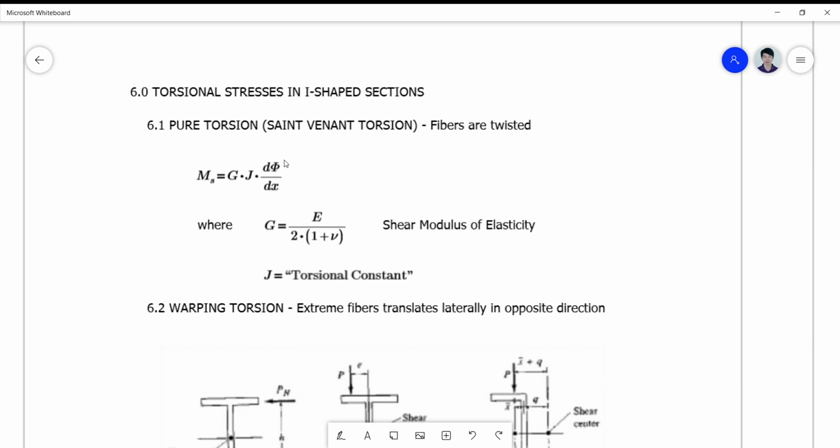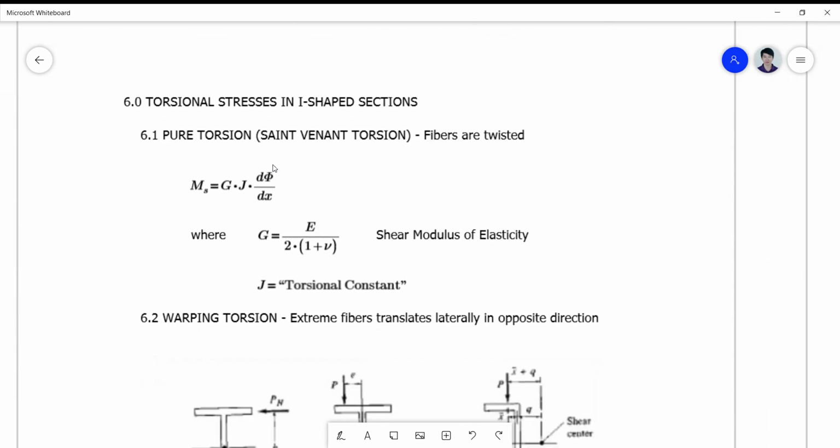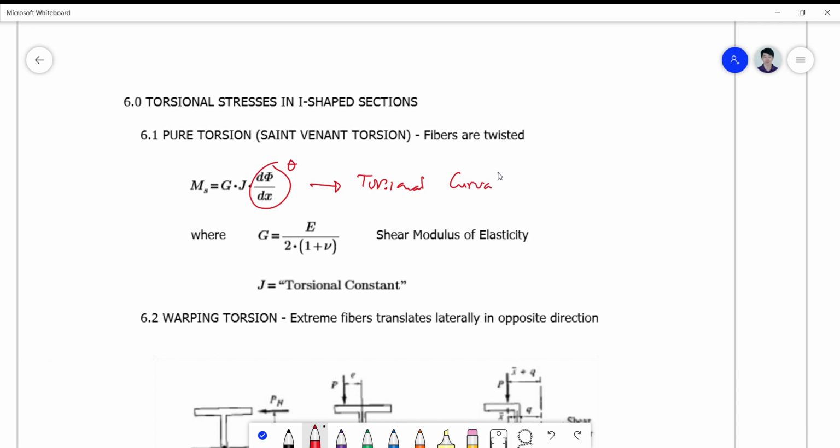Okay, so this is actually the rate of twist theta, and this is known as the torsional curvature relation, where G is simply the modulus of elasticity for shear, and J is the polar moment of inertia, which is actually a torsional property of the member.